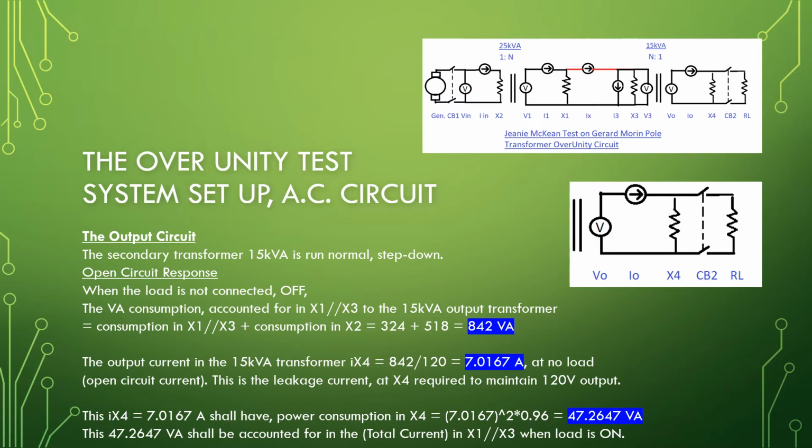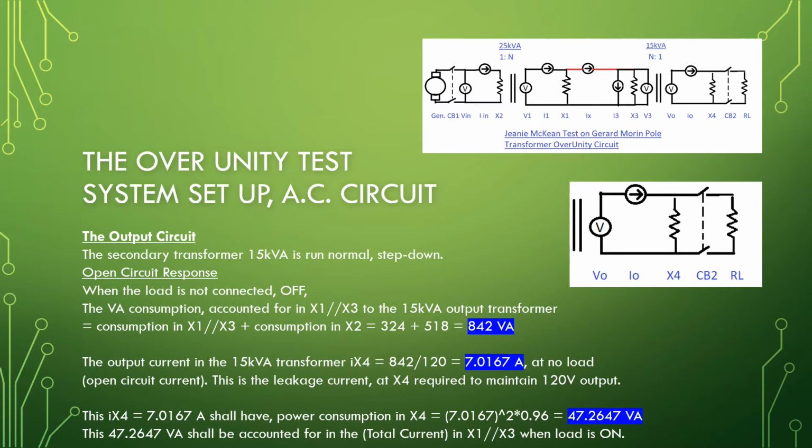Open circuit current. This is the leakage current at X4 required to maintain 120 volt output. This IX4 equal to 7.0167 ampere shall have power consumption in X4 equal to 7.0167 square times 0.96 equal to 47.2647 VA.